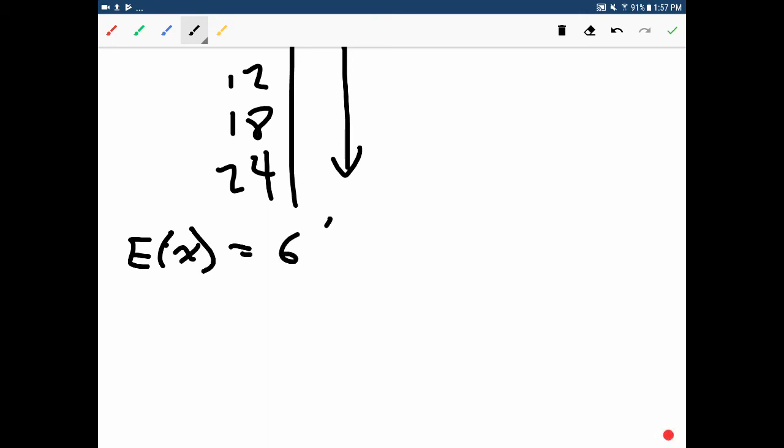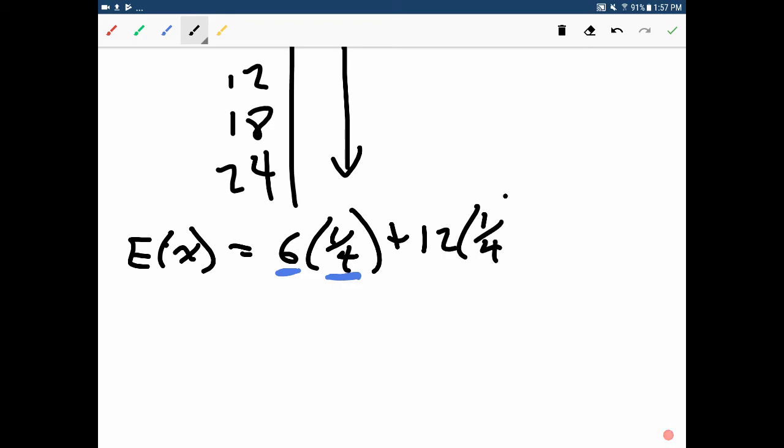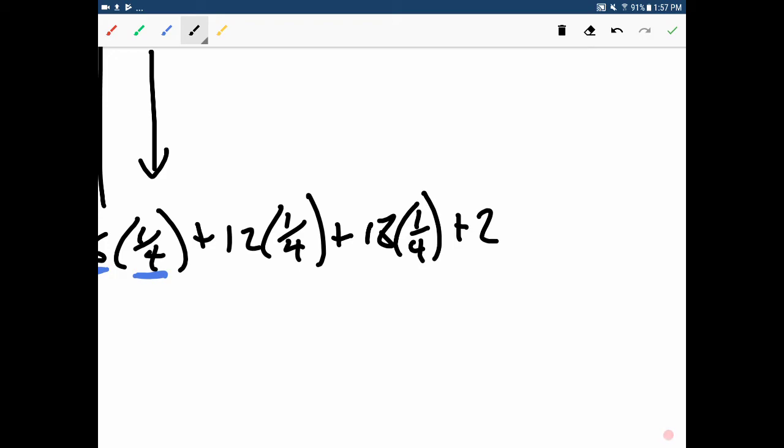So we've got 6 times 1/4. Again, we've got the outcome and the probability of that outcome, and you multiply them, do that for every single one, and add them up. So 12 times 1/4, and then 18 times 1/4, plus 24 times 1/4.